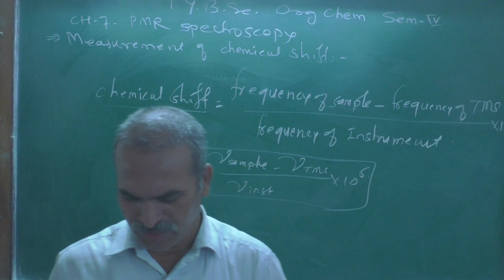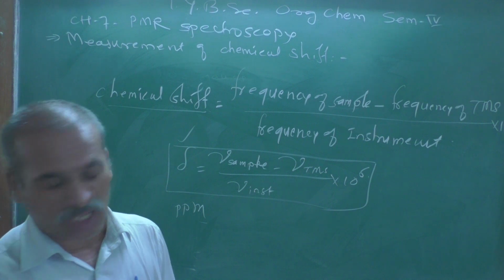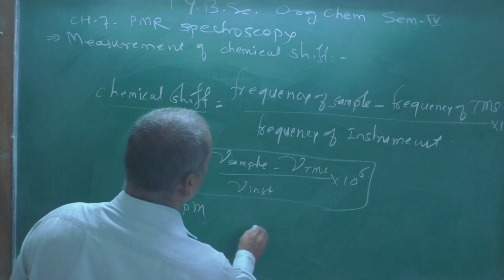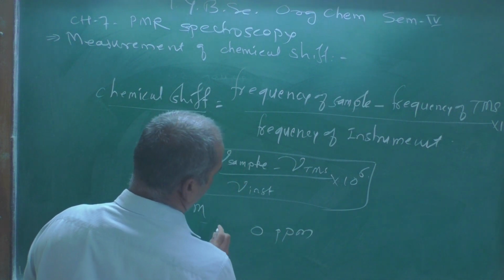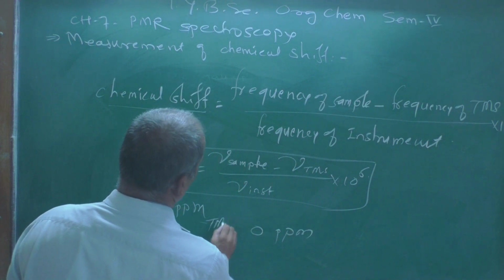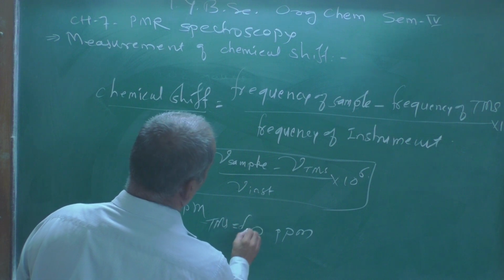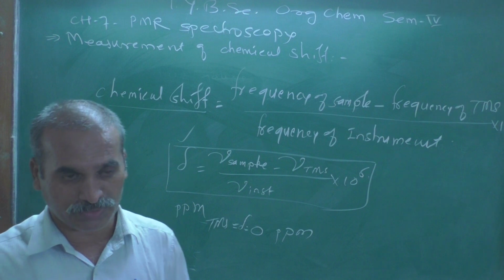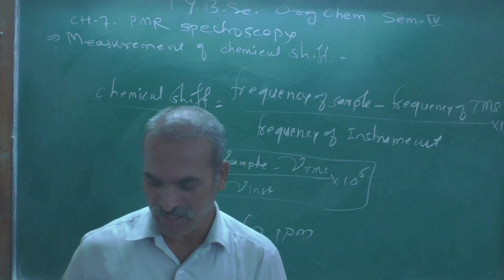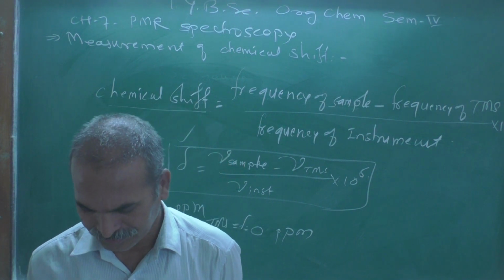And the chemical shift for TMS itself is 0 ppm. That is the chemical shift for TMS; delta for TMS is equal to 0 ppm. You have to remember that.